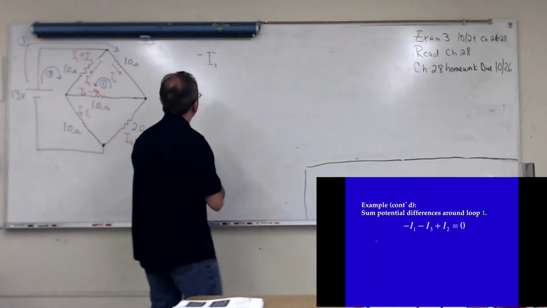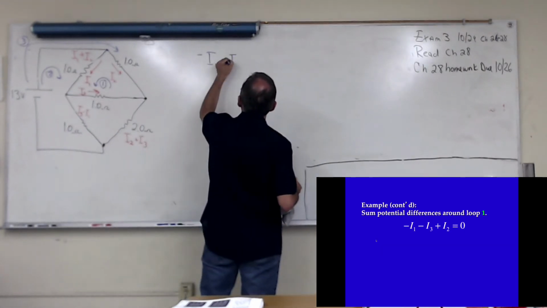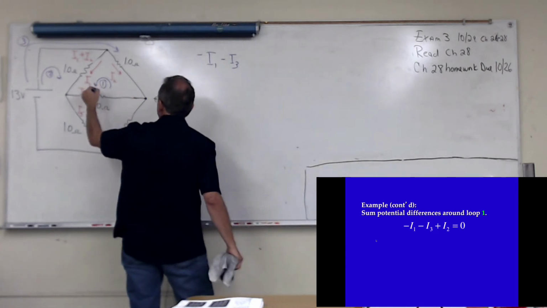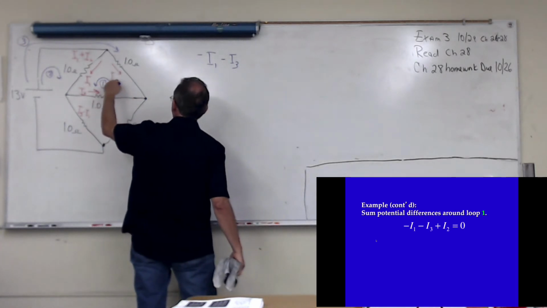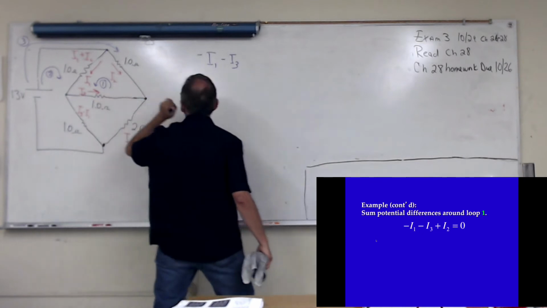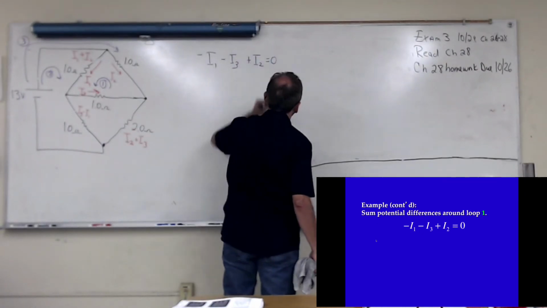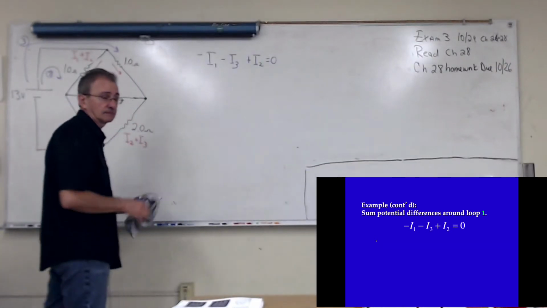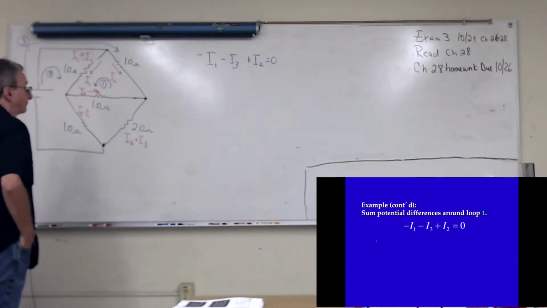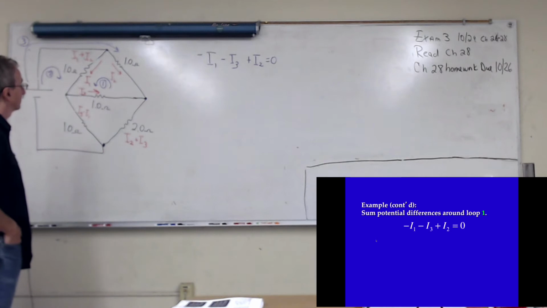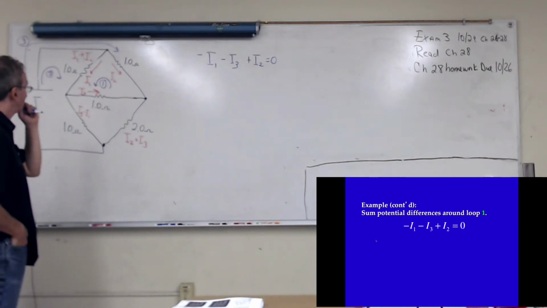So minus I3. And then as I go through here, I'm going opposite. I'm summing opposite the direction of the current. That's 1.